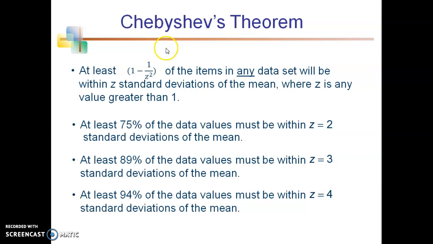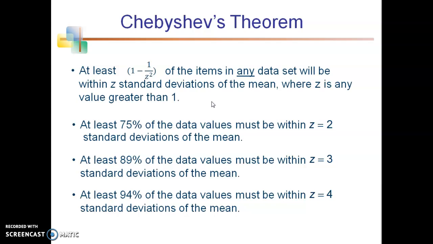Let's now talk about Chebyshev's theorem. This theorem will allow us to estimate the percentage of our data that lies within a certain number of standard deviations from the mean. And its formula is as follows. It says at least 1 minus 1 over z squared of the items in any data set will be within z standard deviations of the mean, where z is any value greater than 1.